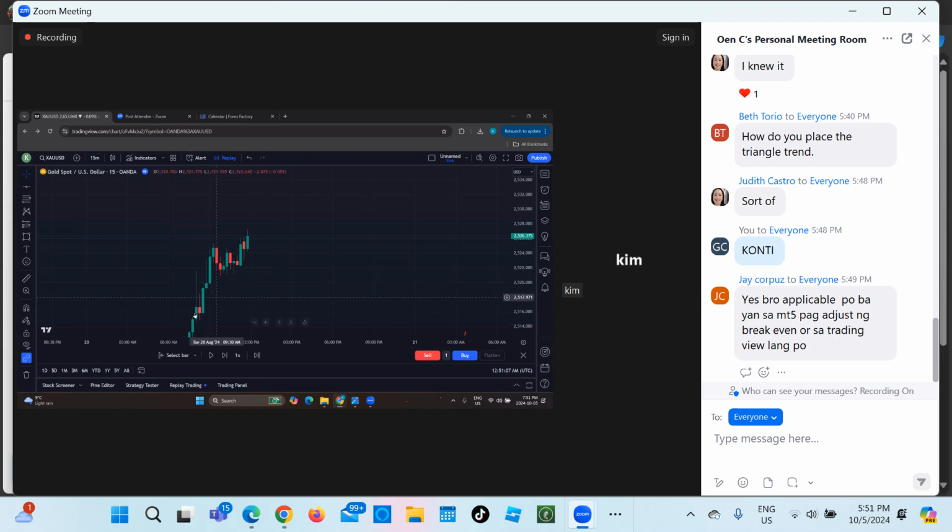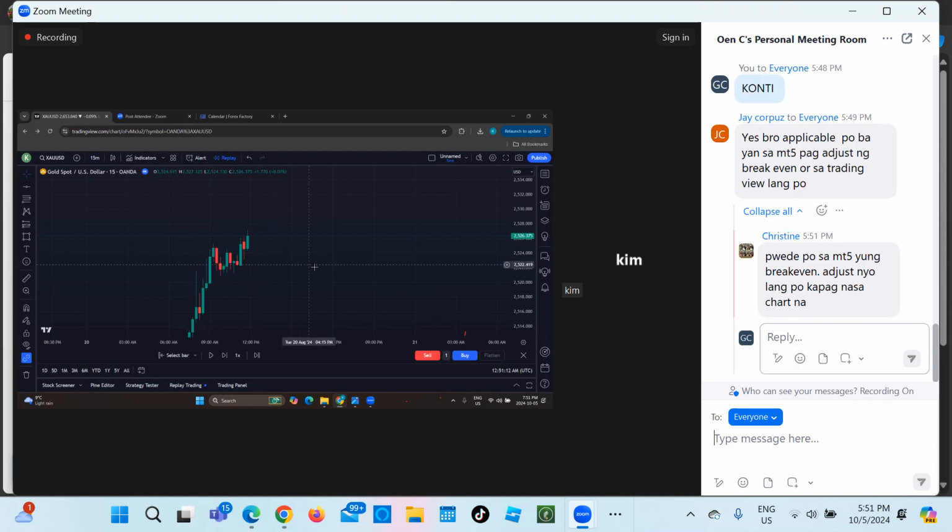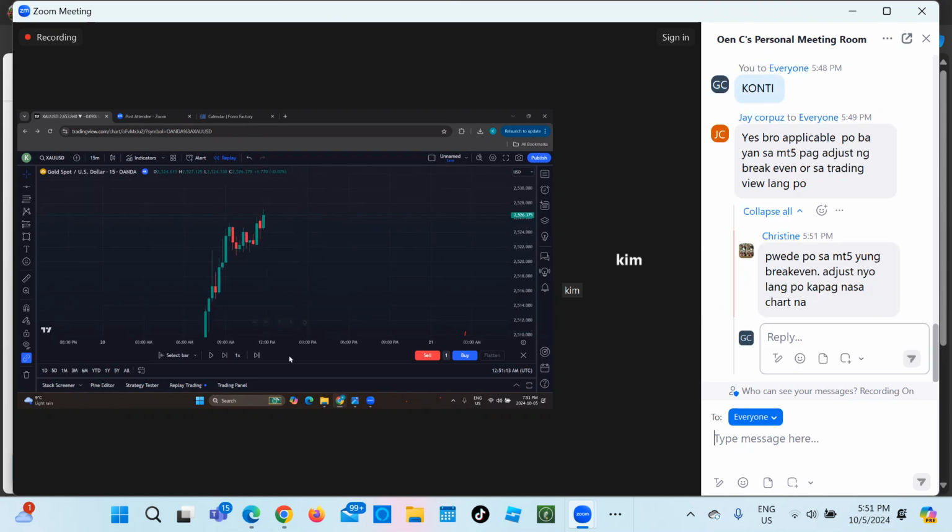But it's not done yet. There's no sign here telling us that it's going to go down. Yes, break even works in MT5. Just adjust it once it reaches the stars. Yes, it works. So, I will do 2 more examples of how to trade.